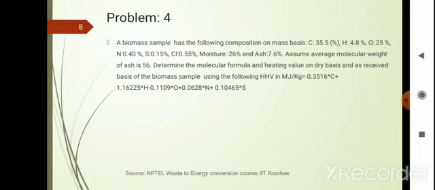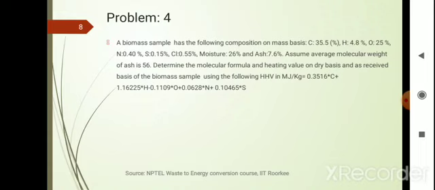The stoichiometric ratio is very, very important because it determines the airflow rate for gasification, for pyrolysis, and for incineration. All these are based on the stoichiometric ratio of that biomass. So for obtaining the stoichiometric ratio, we must know the molecular formula of that biomass.